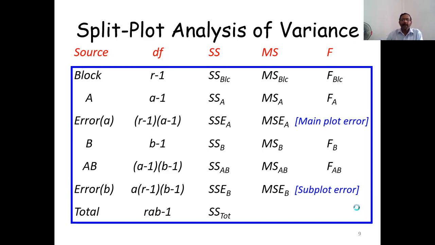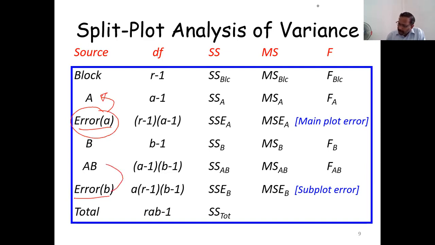Have you all written down? This is the summary. I'm going to give the notations now. In the slide, notations are not there. So here we have two factors, so two plot sizes. Because of two plot sizes, you see we have two errors, error A and error B. So we are using error A to test only the main plot.